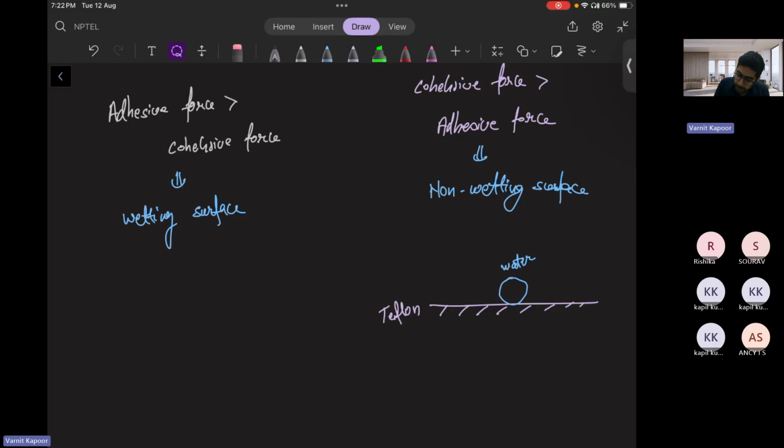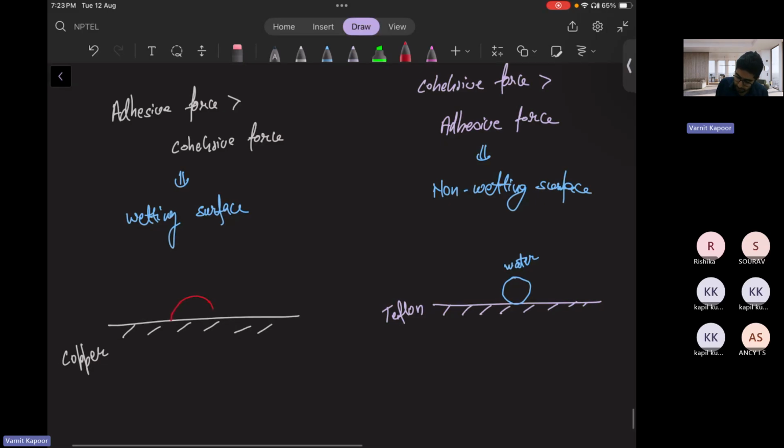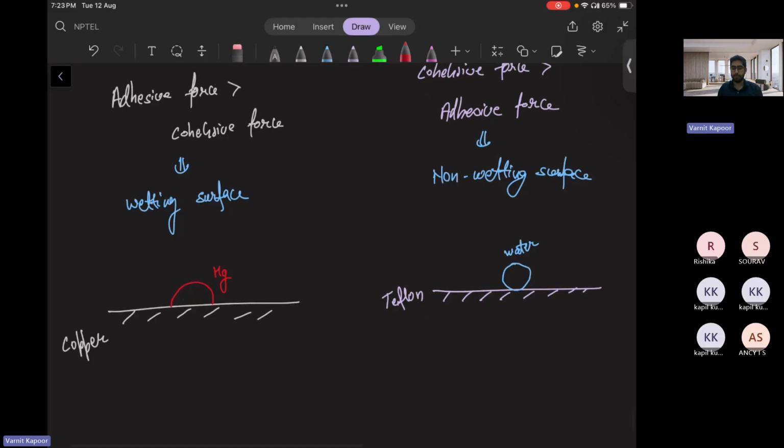And if I have a substrate of copper, then if I put a mercury drop here, Hg, this will behave as wetting.